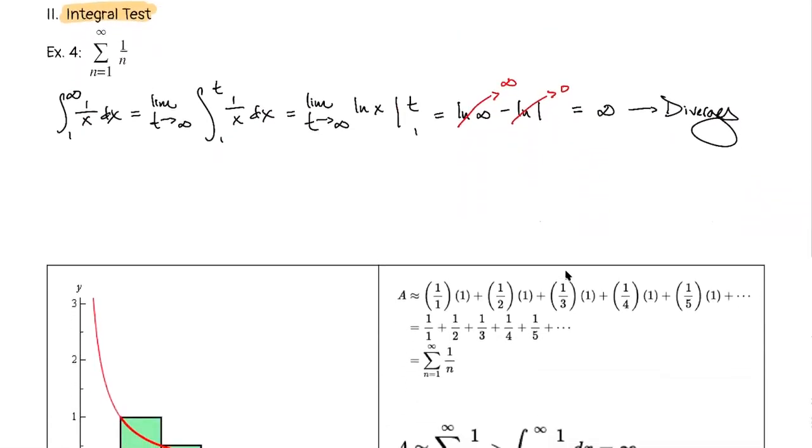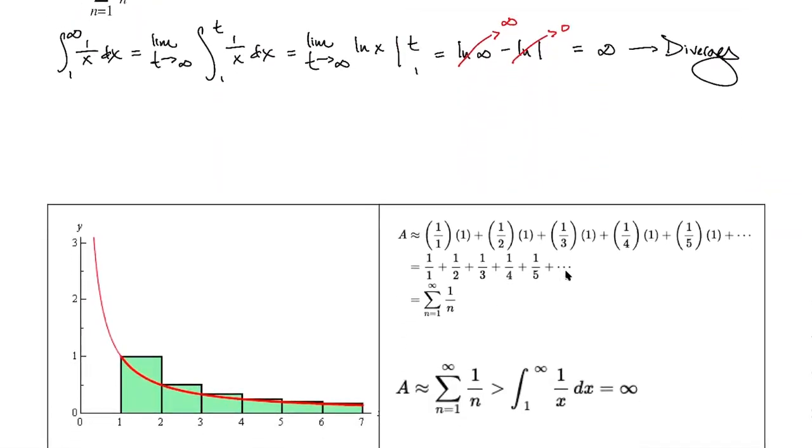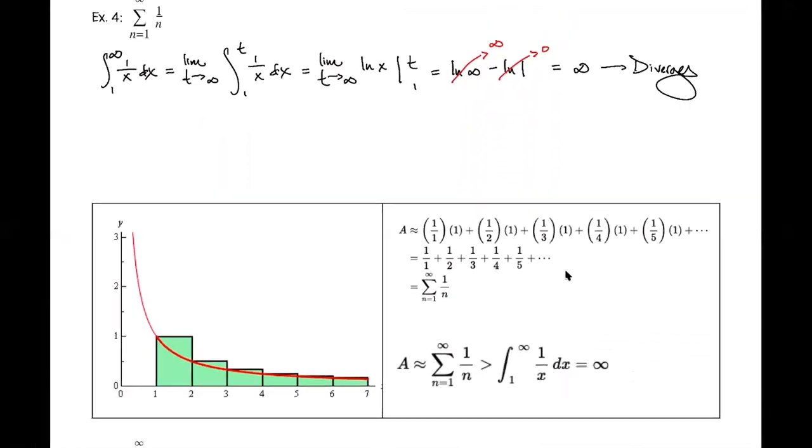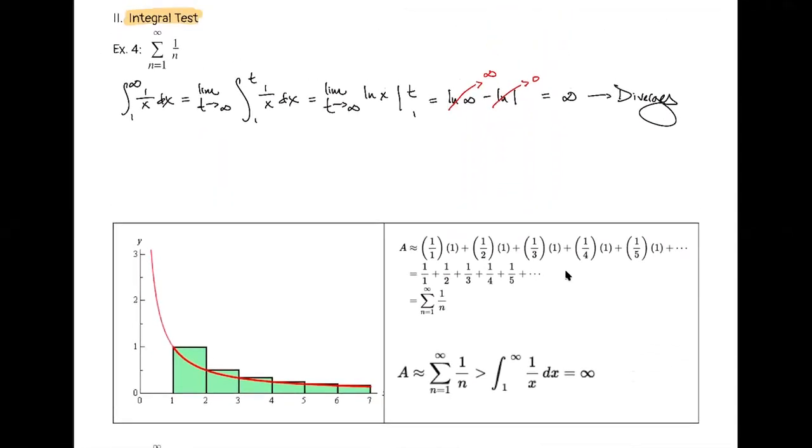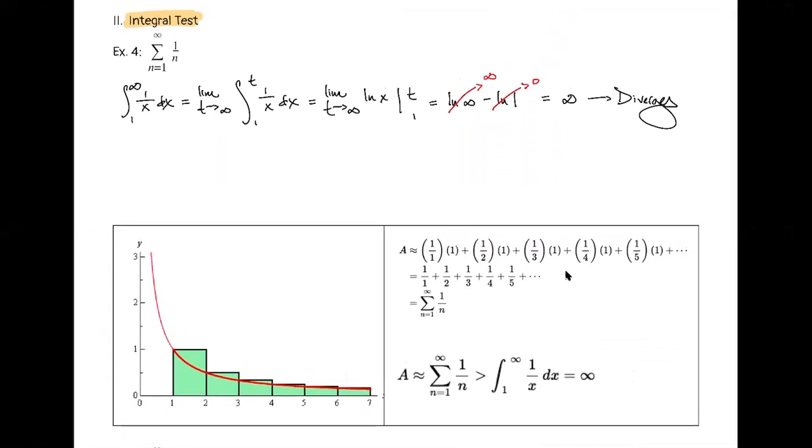So here's a very short explanation of why this is, okay? Let's imagine for a moment that we had our 1 over n graph, okay? So 1 over n, like 1 over x, has this branch here and this branch here.